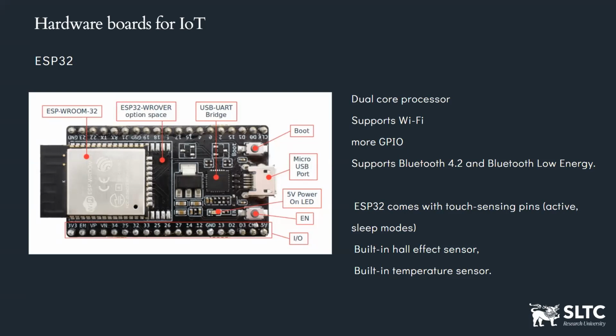Apart from that, ESP32 can work both in active and sleep modes. So once we have these active and sleep modes, we can control the energy consumption of the microcontroller. So we can build our algorithms such that we can define at what moments it needs to stay active and in what moments it needs to sleep.